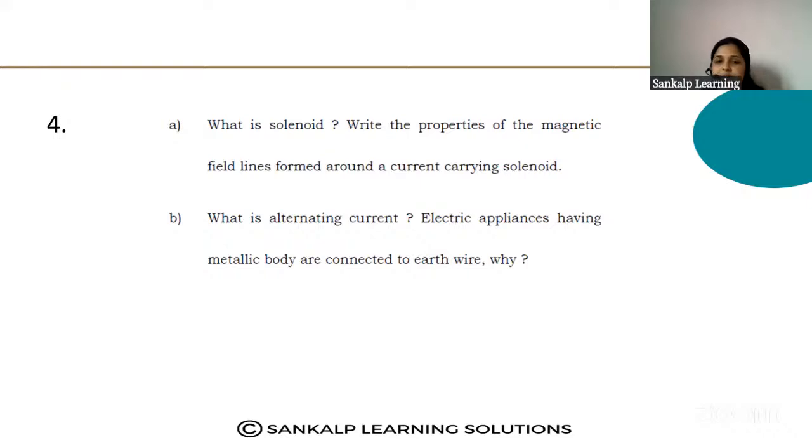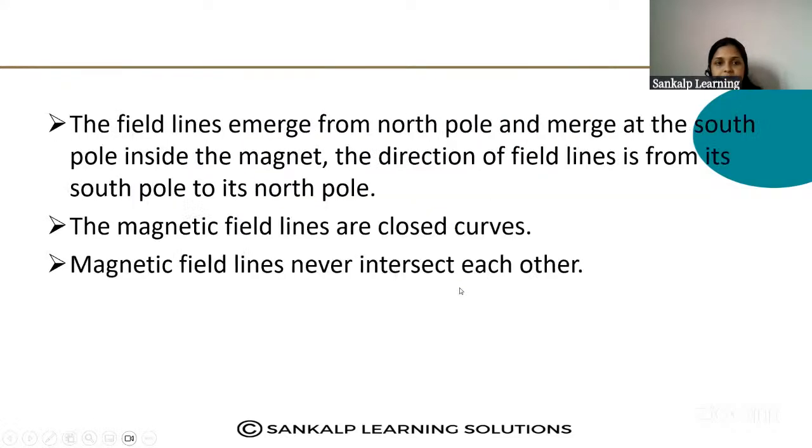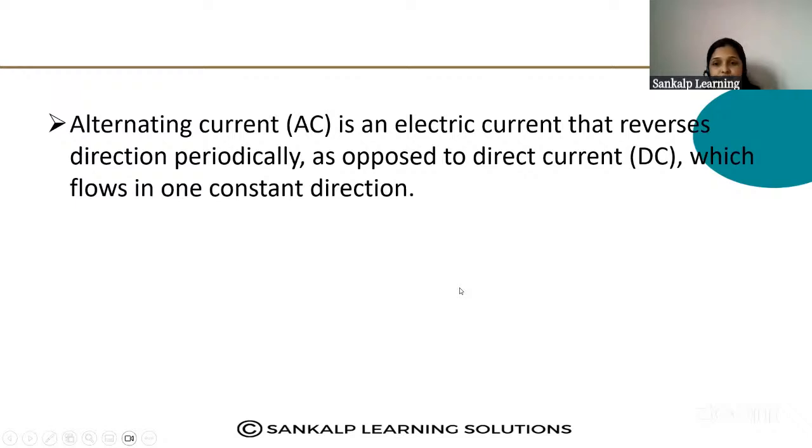Why are electric appliances having a metallic body connected to the earth wire? Alternating current, just for your knowledge, is an electric current that reverses direction periodically, as opposed to direct current, DC, which flows in one constant direction.